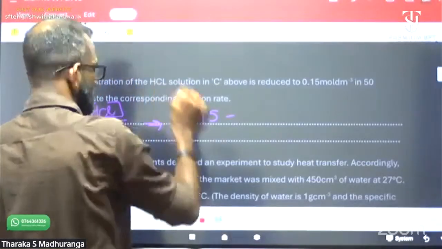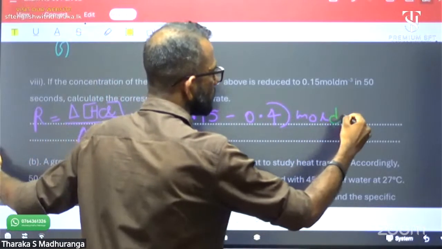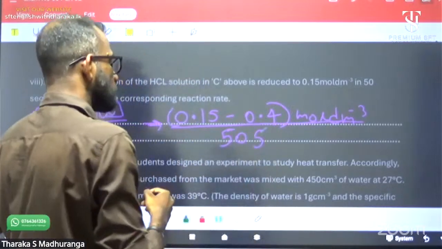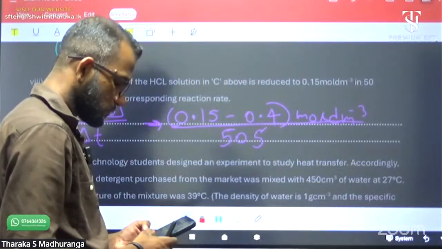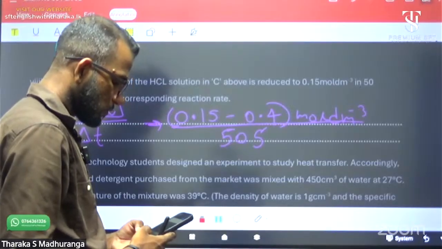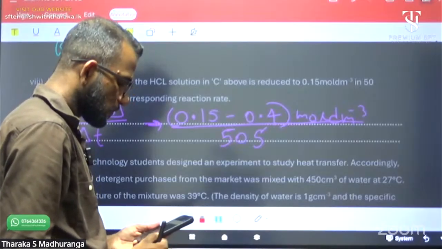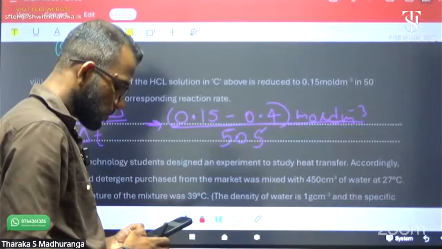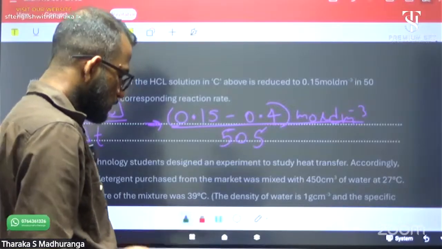0.4 mol dm^-3, divided by 50 seconds. 0.15 minus 0.4 is 0.25, no?